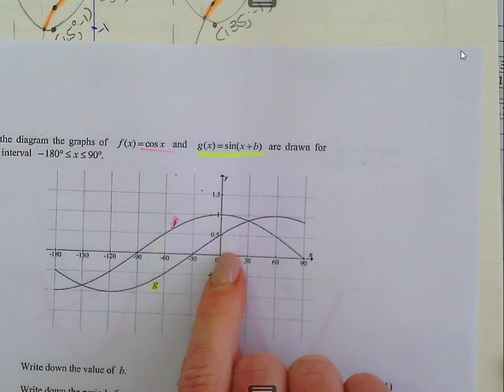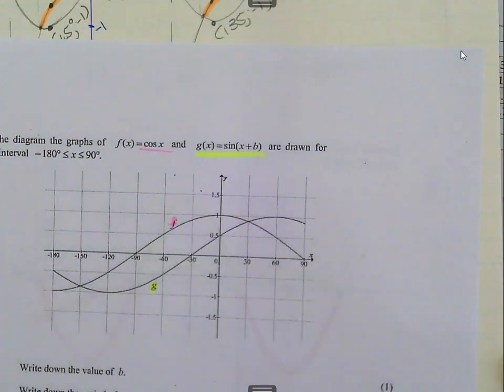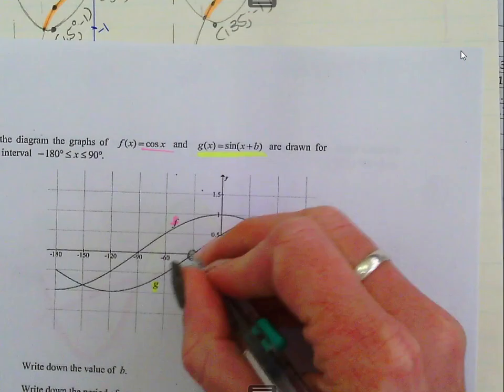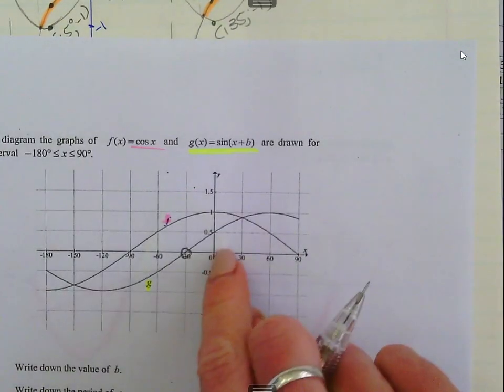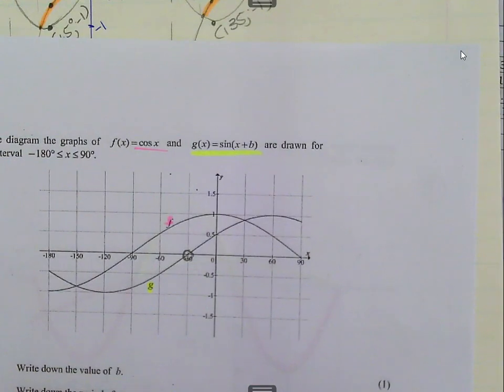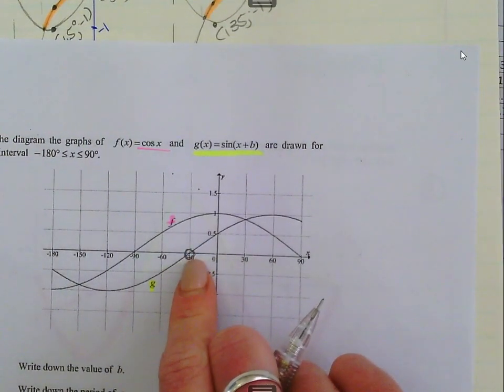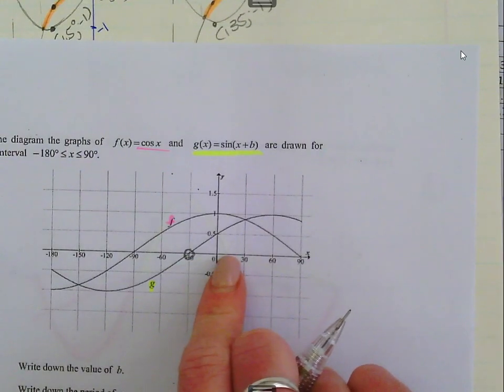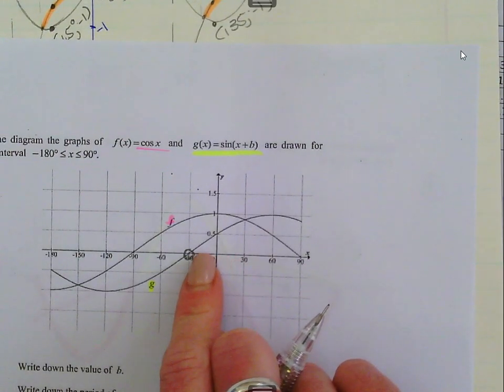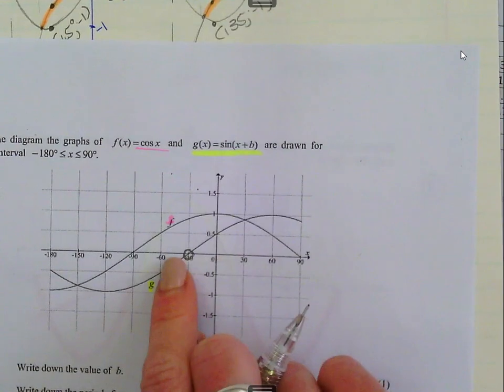Where is that point 0, 0 on the graph? It's now there. Can you see? That's where the wave is supposed to start. But now it's there. So what did this graph do? Shifted 30 degrees to the left.